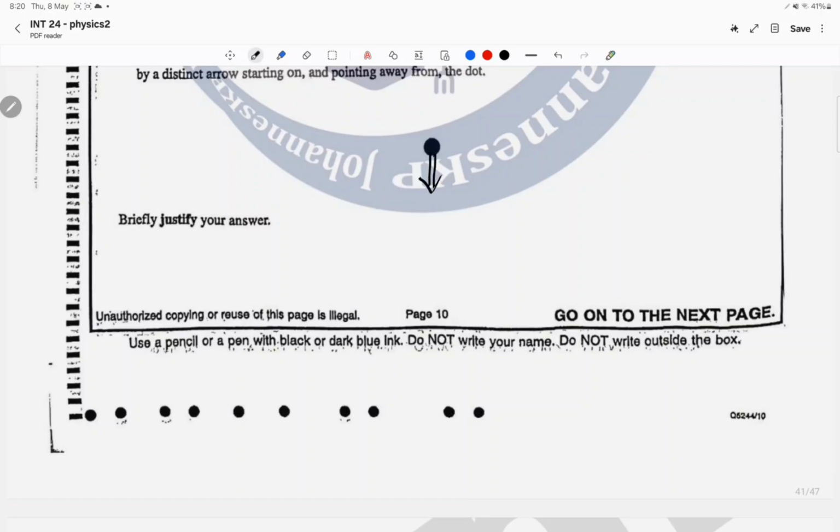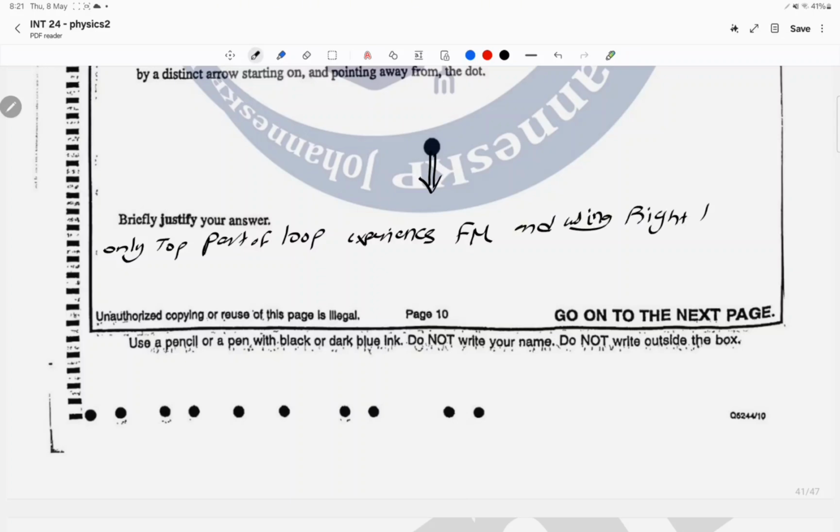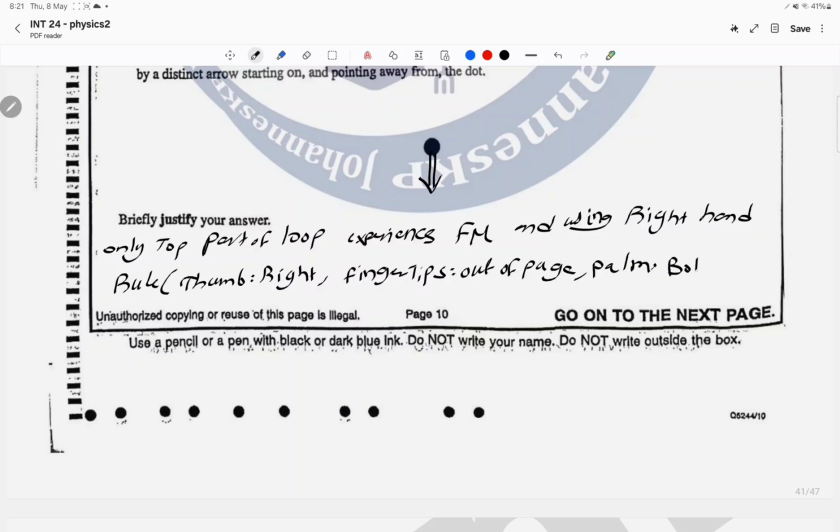But now they're saying justify your answer, so we're going to say that only the top part of the loop experiences magnetic force, and using right hand rule, the thumb being to the right, the fingertips out of the page, the palm to the bottom of the page.